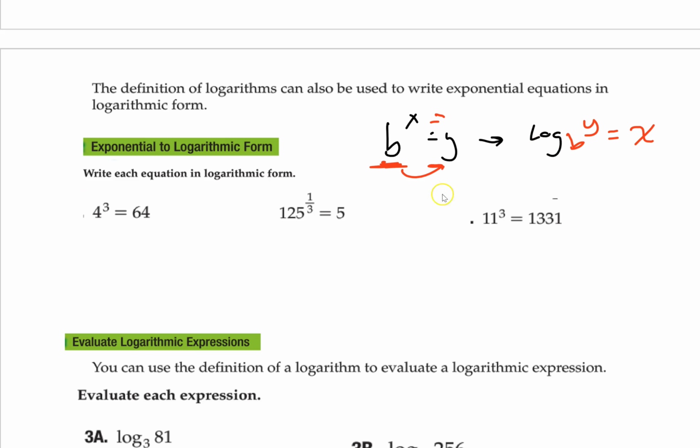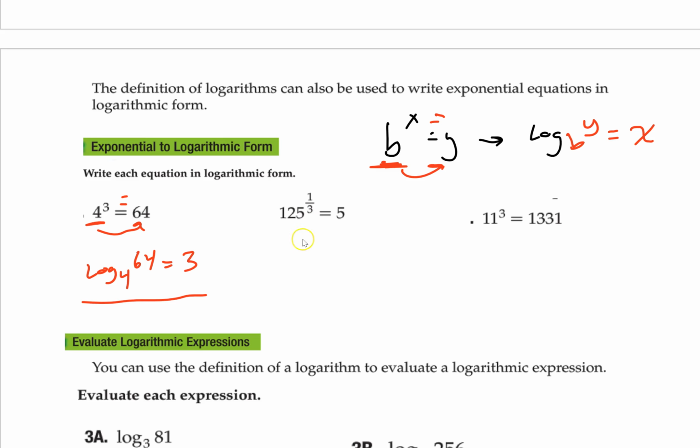Here's my base. I'm going to write log base 4, so it's a little smaller, of 64 equals 3. So that's how you write it in log form. It's just find the base, base to the answer equals exponential.